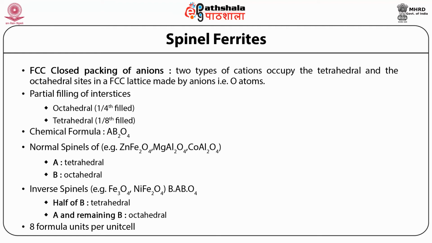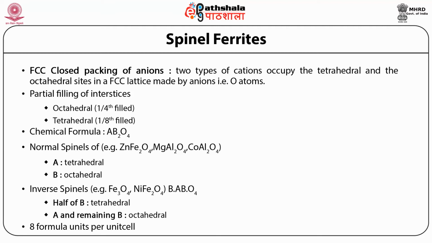Depending on the distribution of cations in octahedral and tetrahedral interstices, cubic spinel structures can be classified as normal spinels and inverse spinels. The magnetic moments of cations occupying tetrahedral sites are opposite with respect to the cations occupying the octahedral sites, and hence these are essentially ferrimagnetic materials with a Curie transition and soft magnet-like behavior.